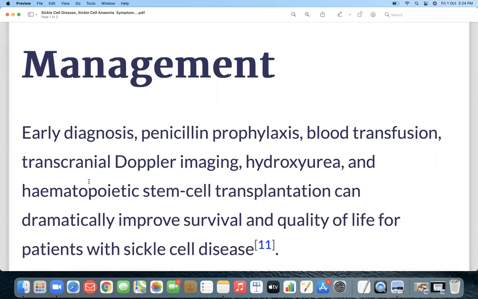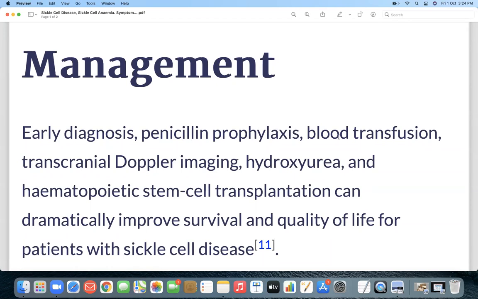And if there is ethnicity and you have doubts, even prenatal scanning is done, and the parents are also screened for sickle cell anemia. So early diagnosis is very important. Then penicillin prophylaxis. Once the baby is diagnosed with the neonatal blood spot test, as early as 3 months they will start penicillin prophylaxis. This is what we read.